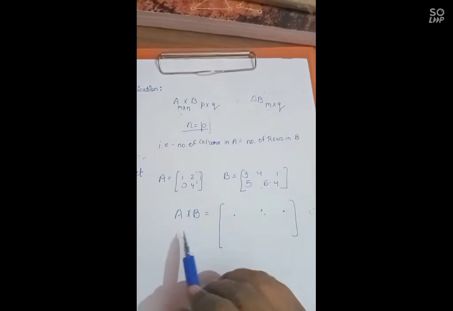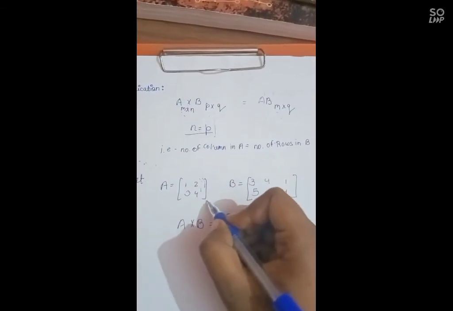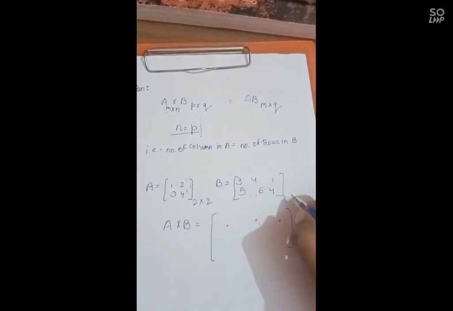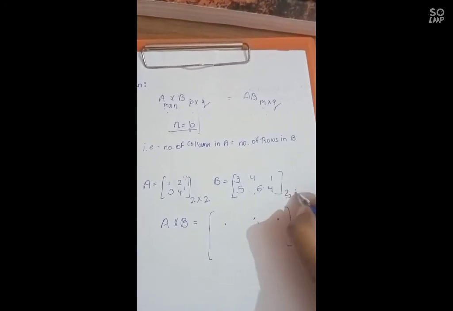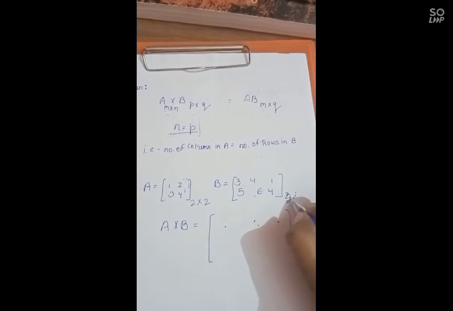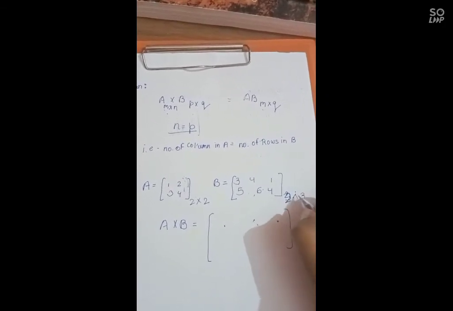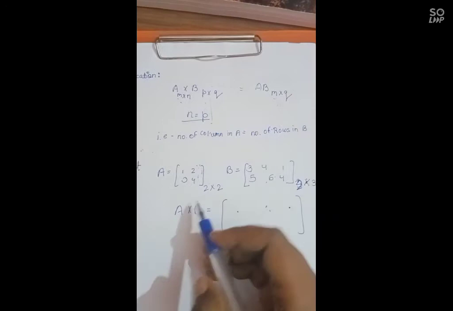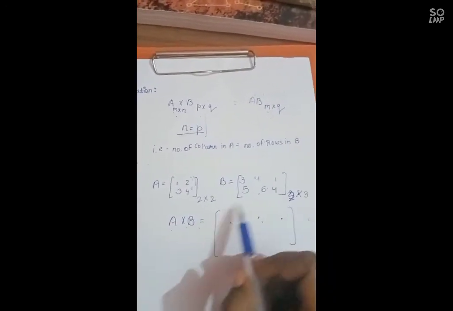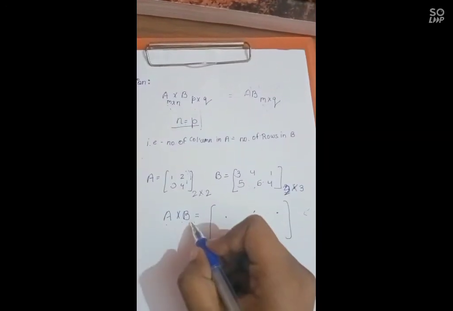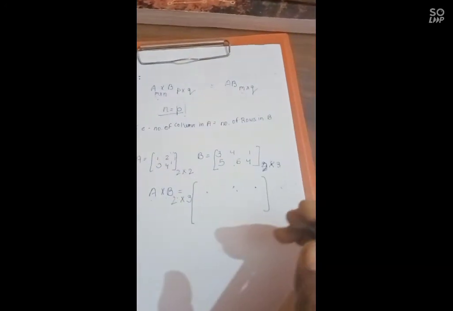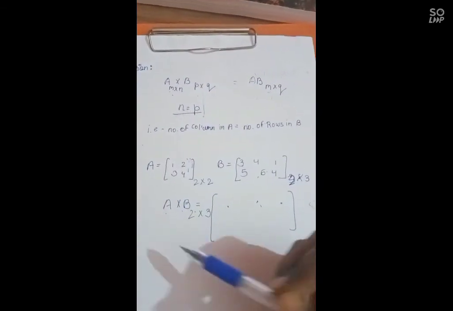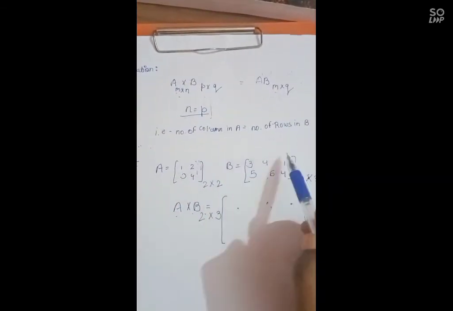So here the order of A is 2 into 2, and here the order of B is 2 into 3. Now when we multiply A into B, the resultant matrix will be 2 into 3. Now, how will we multiply these?